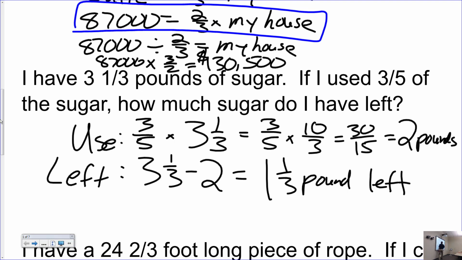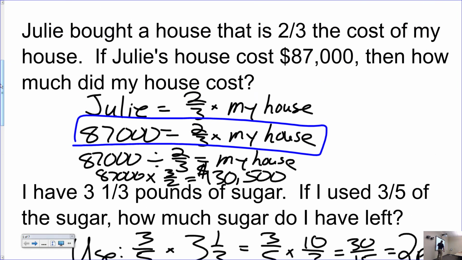Okay, that sounds about right. There you go. So if you take 2/3 of that number, that will get you back down to 87,000, right? But the key is that you had to start at that 87,000 and realize it's the division by 2/3 that gets you up to the 130,500.